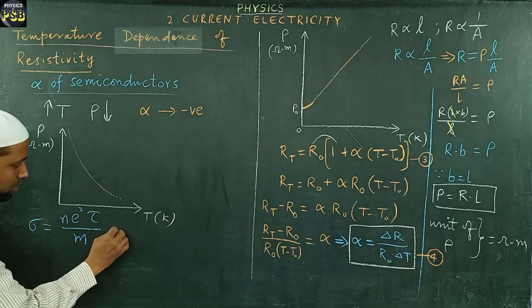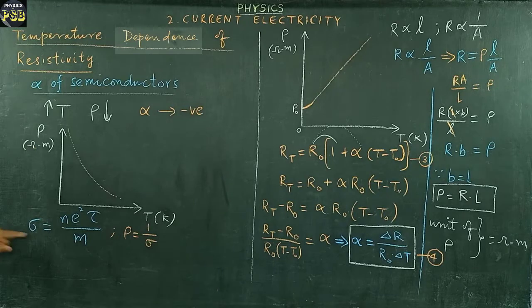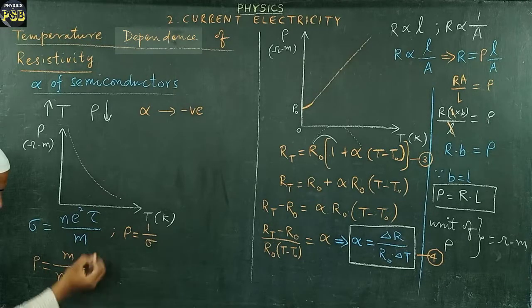Here rho equals 1 upon sigma. So from this equation, rho is equal to m upon n e square tau.